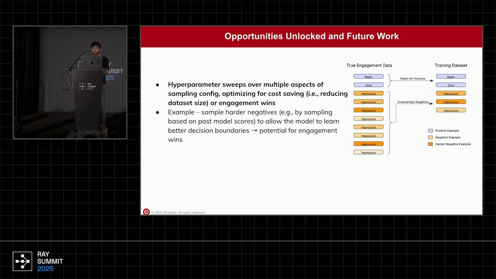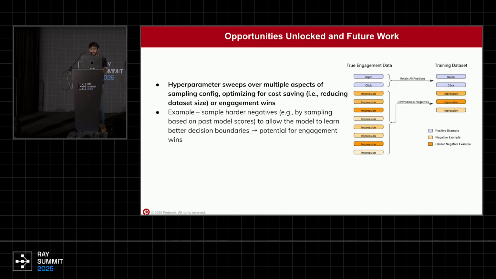Other than the wins in dev velocity that I already talked about, this has unlocked a bunch of sampling-related ideation. As I mentioned in the very beginning, there are a bunch of orthogonal levers that we can move around to find the best sampling strategy to either drive engagement or reduce cost.